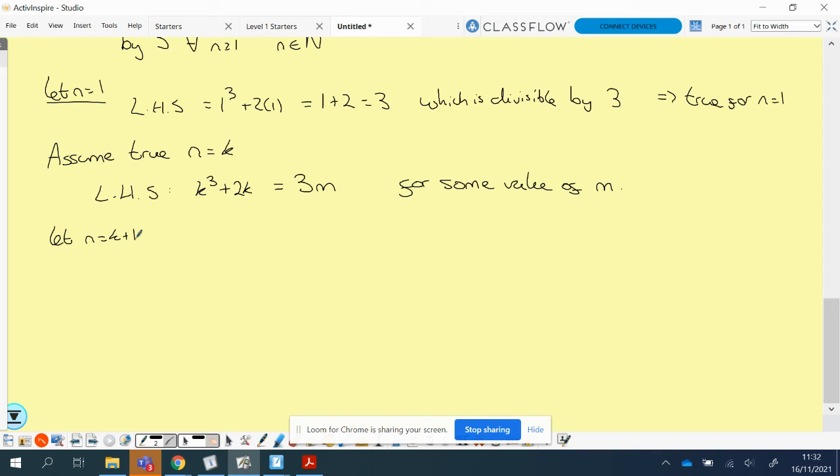So what we want to show here is that if we put k plus 1 into this, we're also getting something divisible by 3. So what we want is that k plus 1 cubed plus 2 lots of k plus 1 is also something divisible by 3, so we'll call it p.